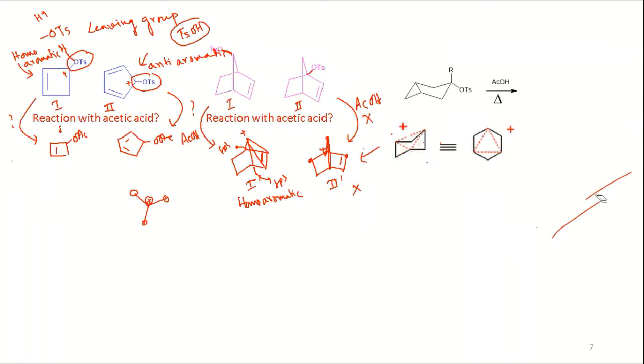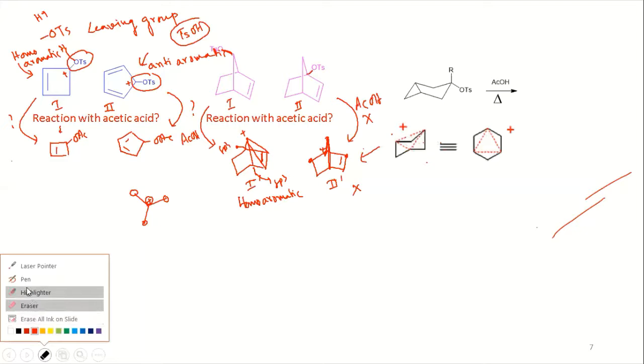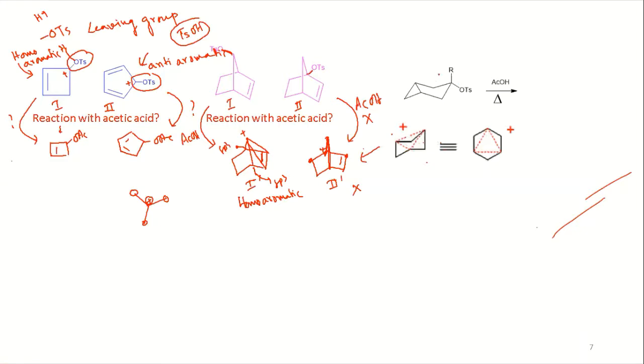So what you have here, this one, if it is coming out, a cation is generated here, right? So it will be generating a cation at this center. Now this one can move in this direction, so this can go here.